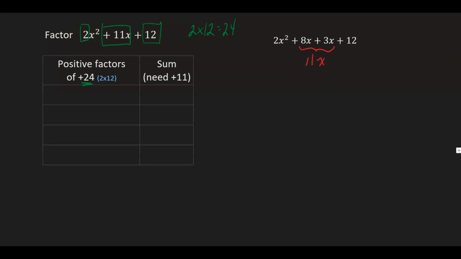So let's see. We are going to find two numbers whose product is 24. There are going to be a lot of them.